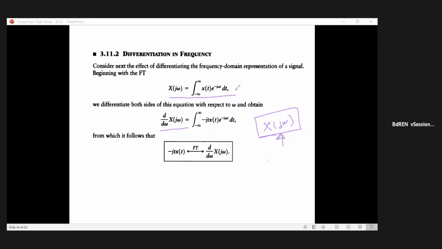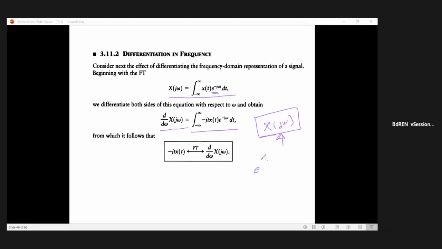then the corresponding equation on the right hand side is this, because this integral is evaluated in time. So when we are differentiating with respect to omega, the term e to the power minus j omega t will be considered for differentiation.